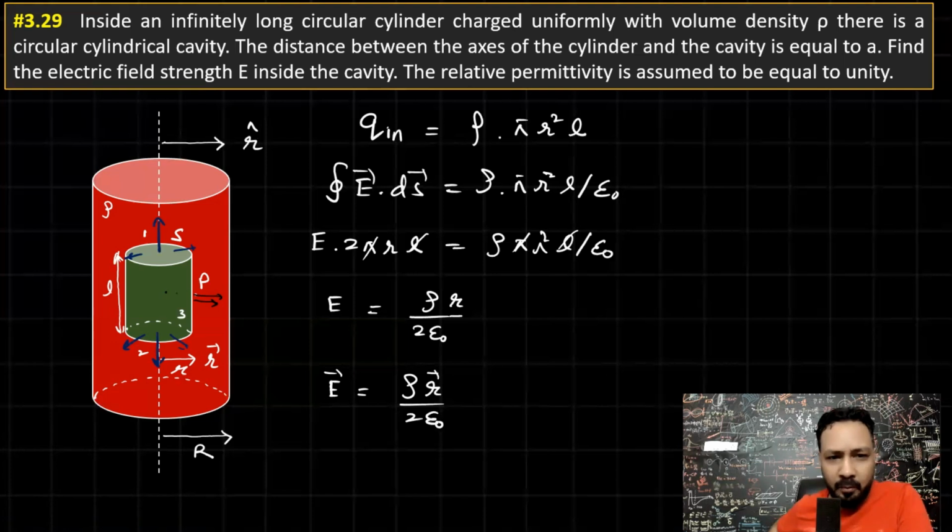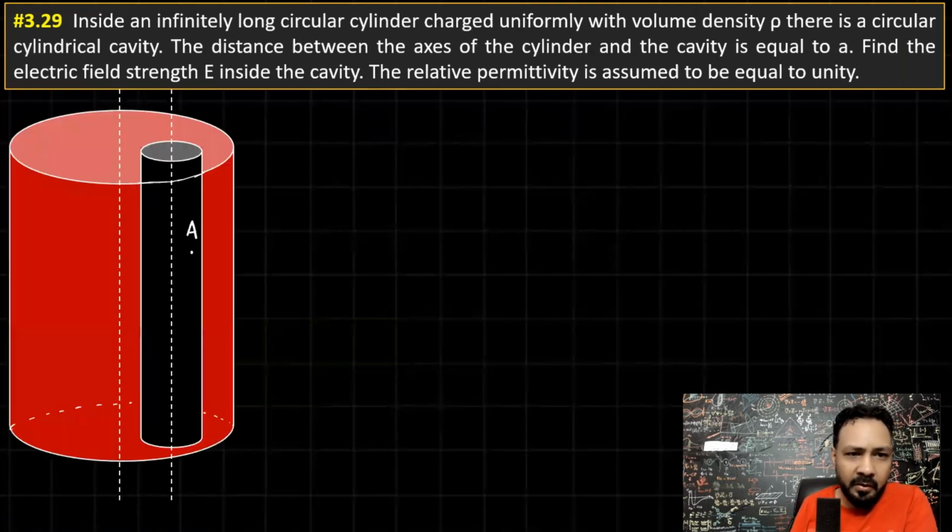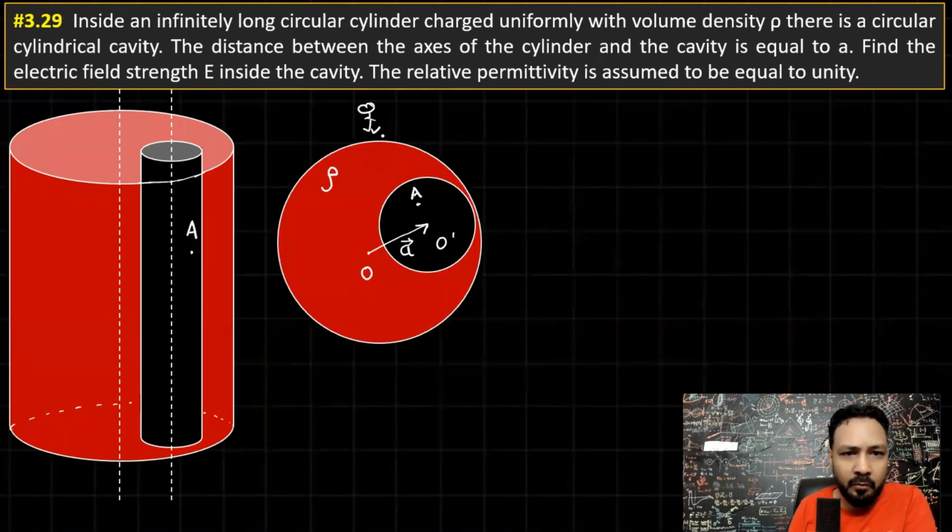Now we are ready to apply this result to find the electric field at a point inside a cylindrical cavity, like in the previous case. So here is a solid cylinder having charge density rho, and within that there is a parallel cylindrical cavity. To find the electric field at an interior point A, I want to look from the top.